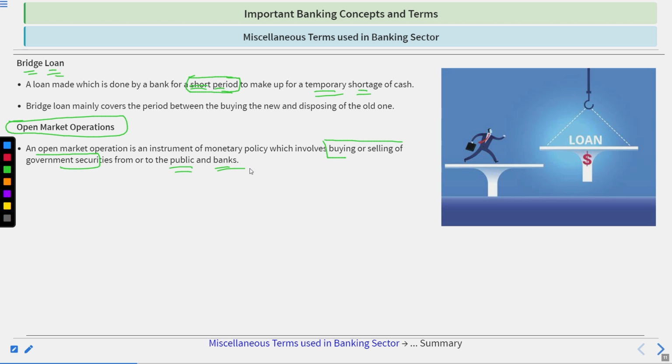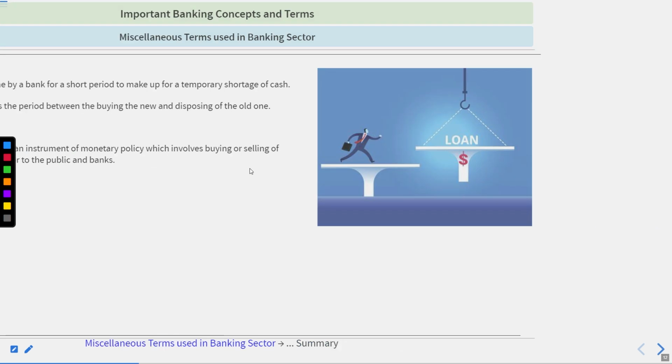That is generally done by the Reserve Bank of India to check inflation. Whenever inflation is higher, the Reserve Bank of India sells securities to the people so that money circulation would be less. Whenever inflation is low and deflation is higher in the country, the Reserve Bank of India buys the securities back and gives money to the people so that money circulation is higher in the economy.